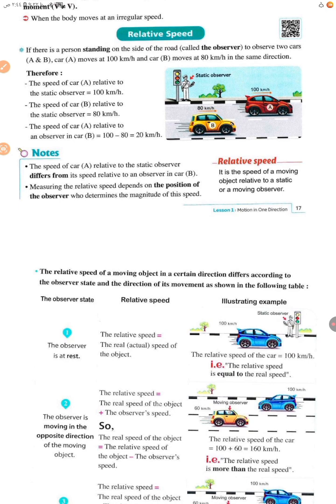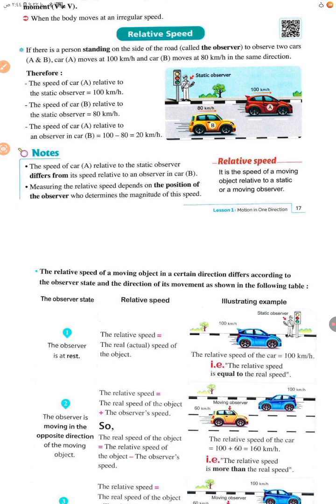The speed of car A relative to an observer in car B, يبقى subtraction للاثنين, يبقى 100 minus 80 equals 20 km per hour. Notes مهمة.